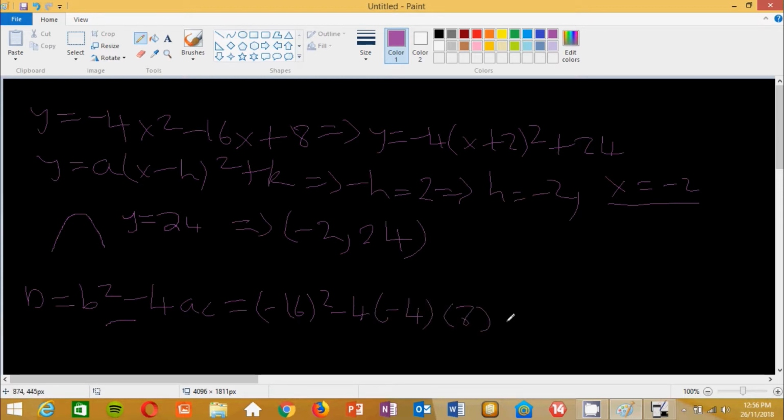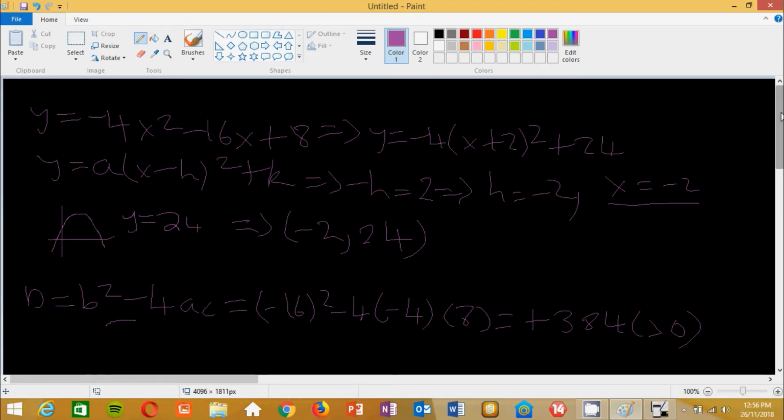That's going to give us positive 384, and that is greater than 0. That is positive, so this curve is actually going to cut the x-axis at two different points. So it's going to look something like this.